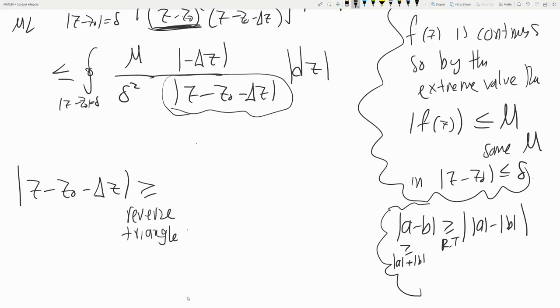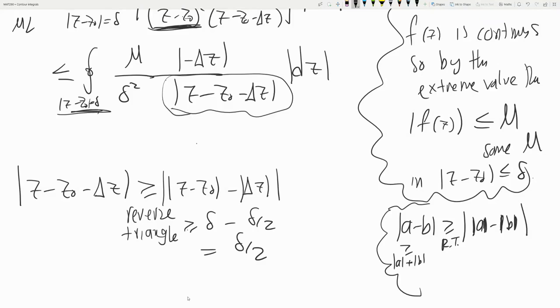Reverse triangle says that you can bound by the difference. So we have this guy, and then minus delta z. The first guy is just delta, right? And this guy is less than delta over 2. So we get delta over 2.